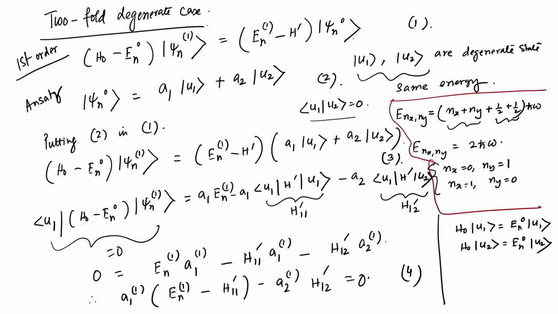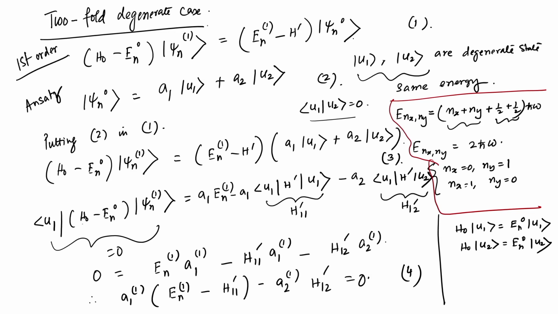So, we write that ansatz there, expand it, and use shorthand notations for all these matrix elements of H prime between U1 U1 and U1 U2 as H11 prime and H12 prime respectively, and then simplify this to arrive at 4, which gives you one equation which is useful for us, and that contains these amplitudes. Because we are talking about first order, everywhere this En1 etc., the 1 in the bracket, denotes that we are talking about the first order perturbation theory.